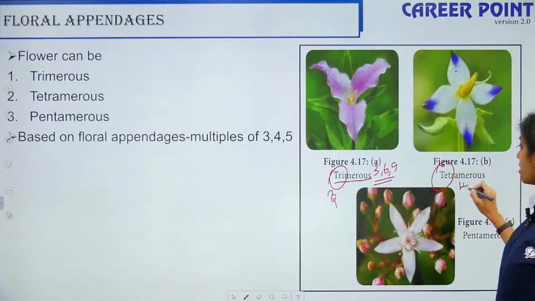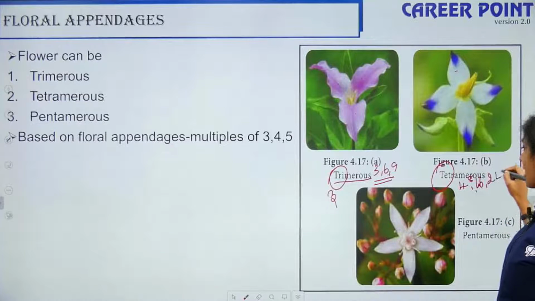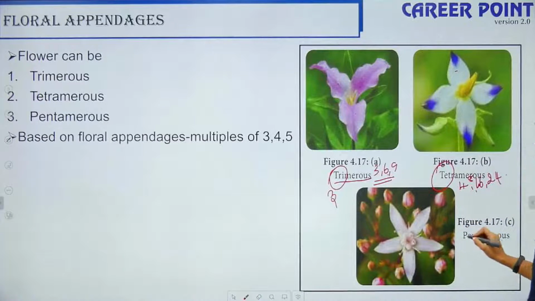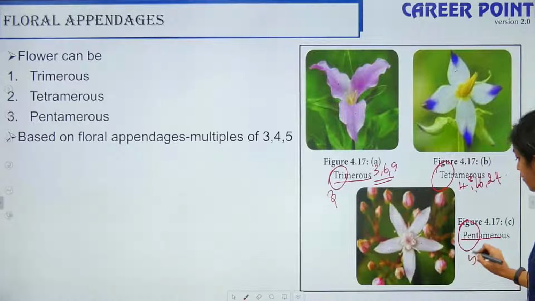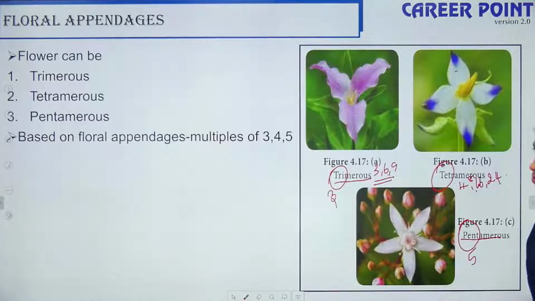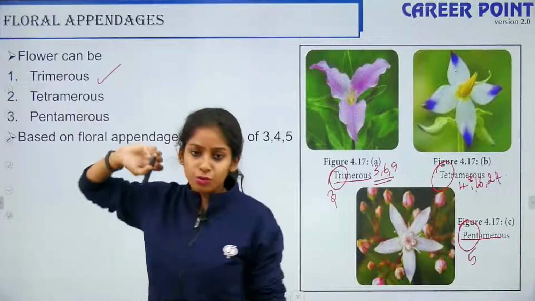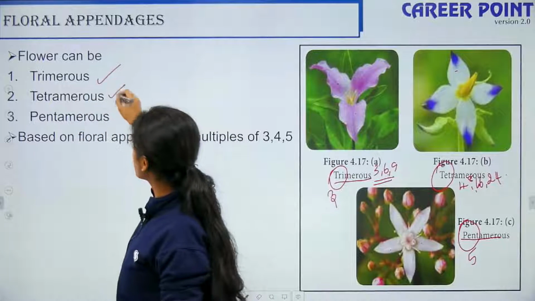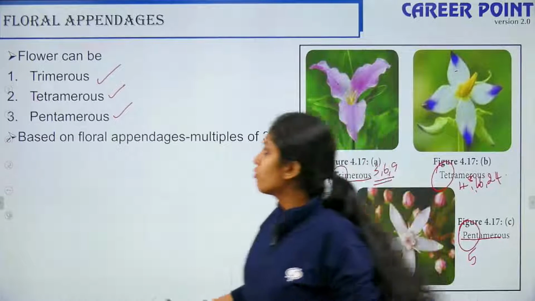So this will have multiples of 4: 4, 8, 16, 24, etc. Then pentamerous has 5 petals, so it is in multiples of 5: 5, 10, 15, etc. So trimerous in multiples of 3, tetramerous in multiples of 4, and pentamerous in multiples of 5. Okay. So this is your floral appendage.